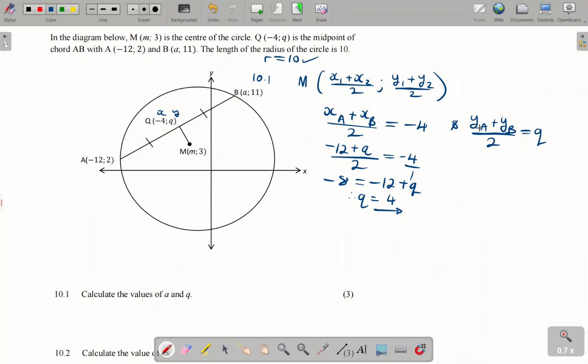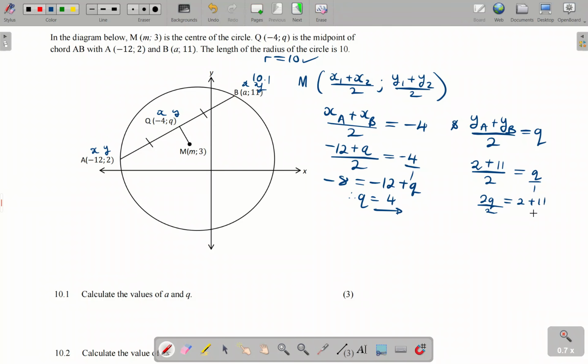And then for this part, the YA is 2. So 2 plus YB, that's 11, all over 2 is equal to Q. Do the cross multiplication, we have 2Q is equal to 2 plus 11.